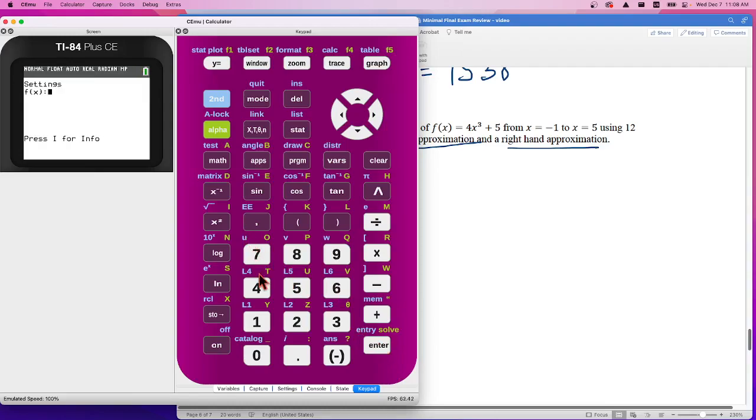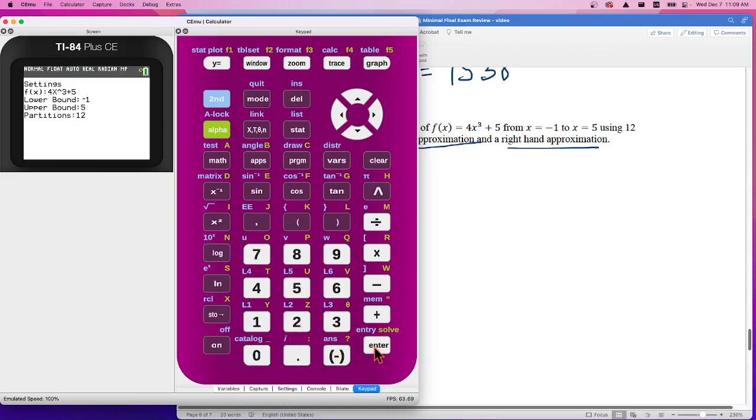So it asks for the function, x to the third plus 5. So we'll enter that. The lower bound, -1. The upper bound, 5. And then the partitions are 12.